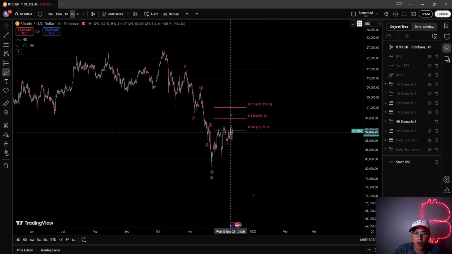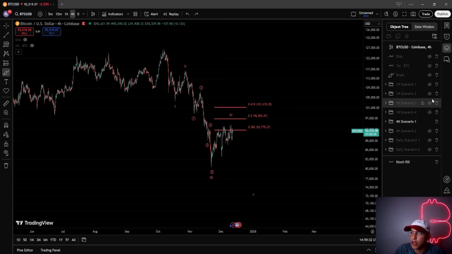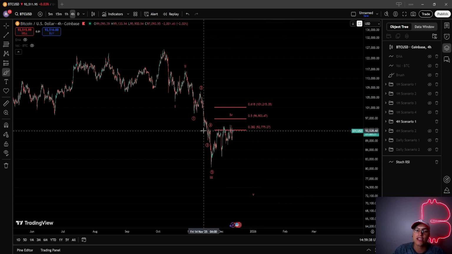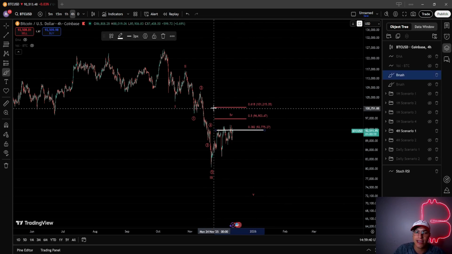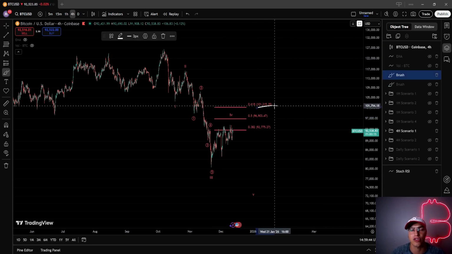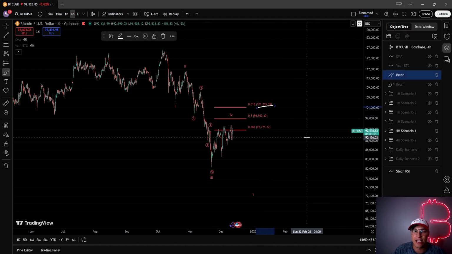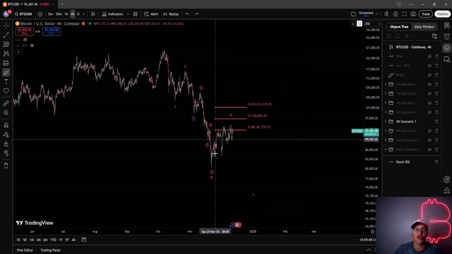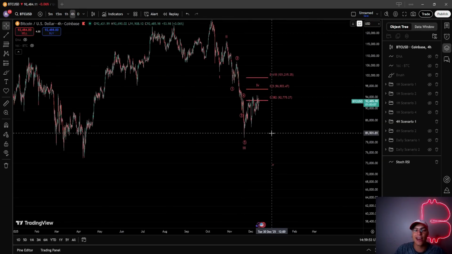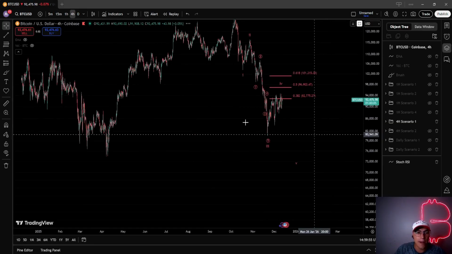If I was wanting to say which one, we would look at our hourly scenario where we have the wave Y up, right? Taking a short would be a good move in this region with a stop loss at $101,215.